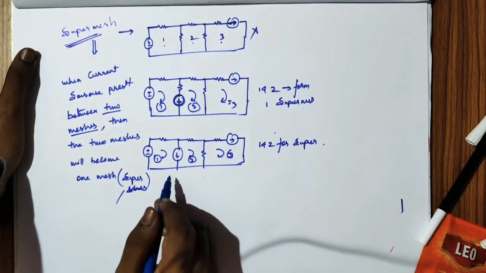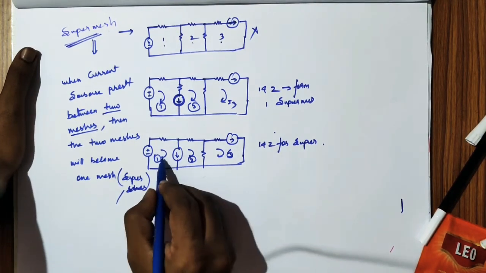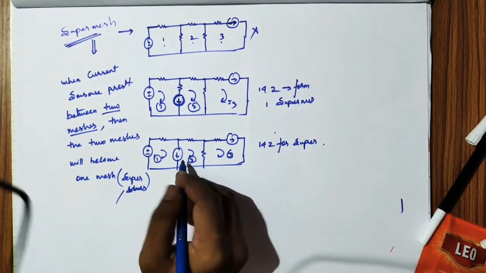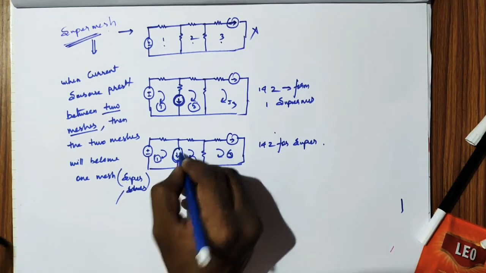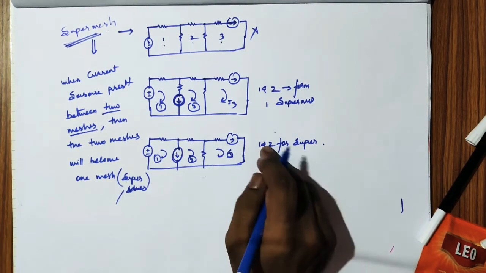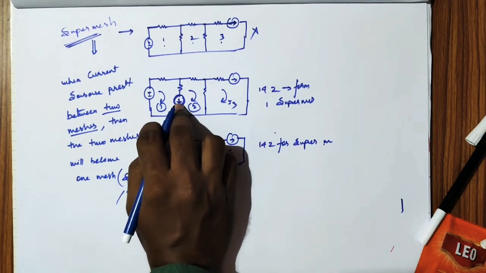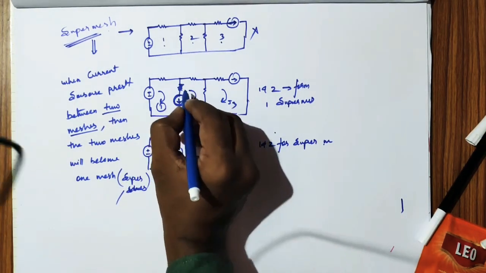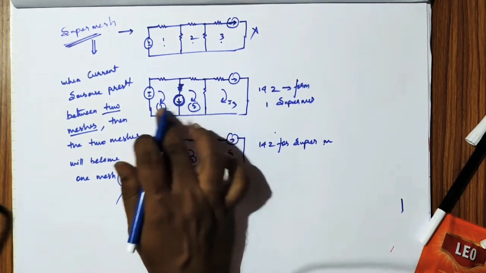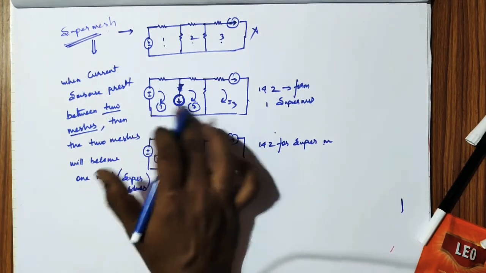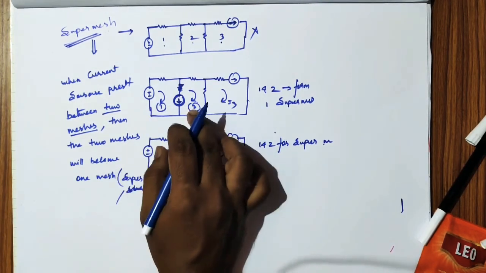So observe carefully, guys. Mesh 1 and mesh 2 have a current source in between them, therefore mesh 1 and mesh 2 form a super mesh. Here also mesh 1 and mesh 2 have a current source, but you have a resistance here. Even though you have resistance, it is still a super mesh.